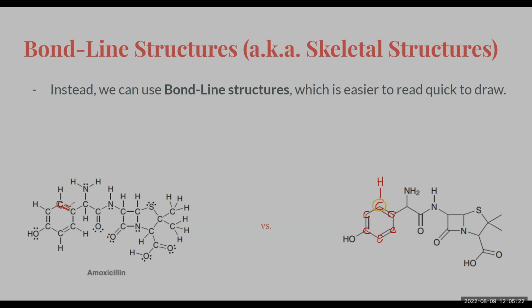So 1, 2, and 3. And then we can fill that carbon by adding in that final hydrogen. So it's going to be like this. And I guess saturate isn't really the proper term. It's more like we just fill the carbon such that it makes 4 bonds every time.